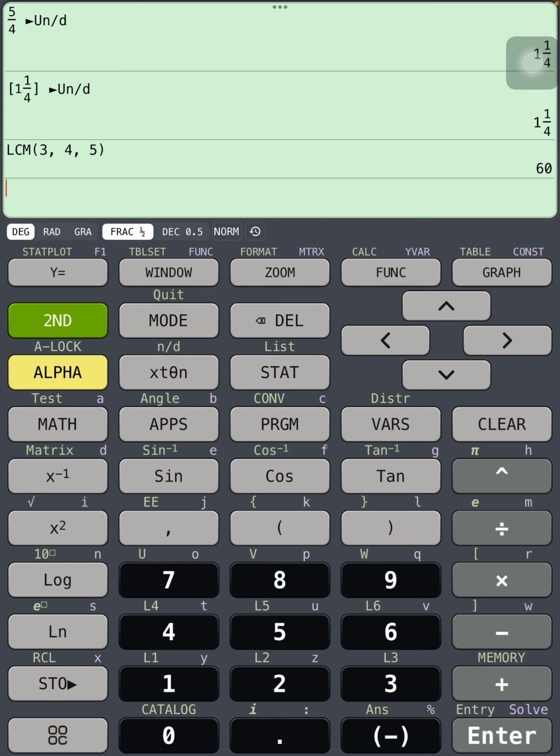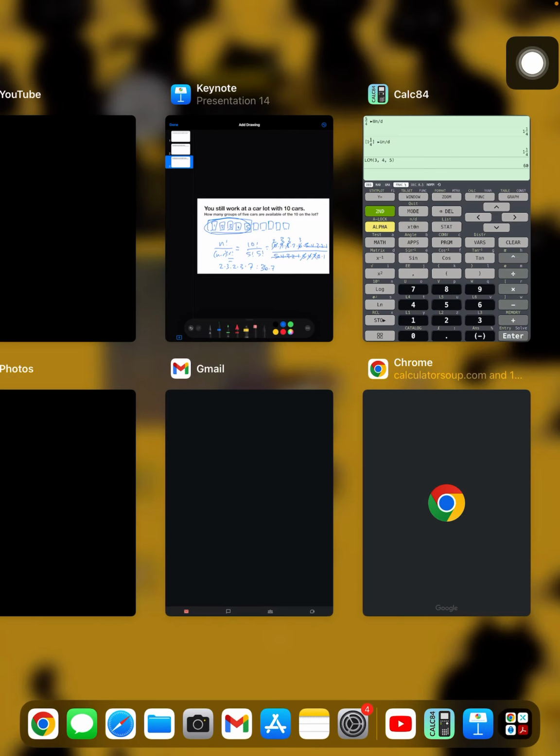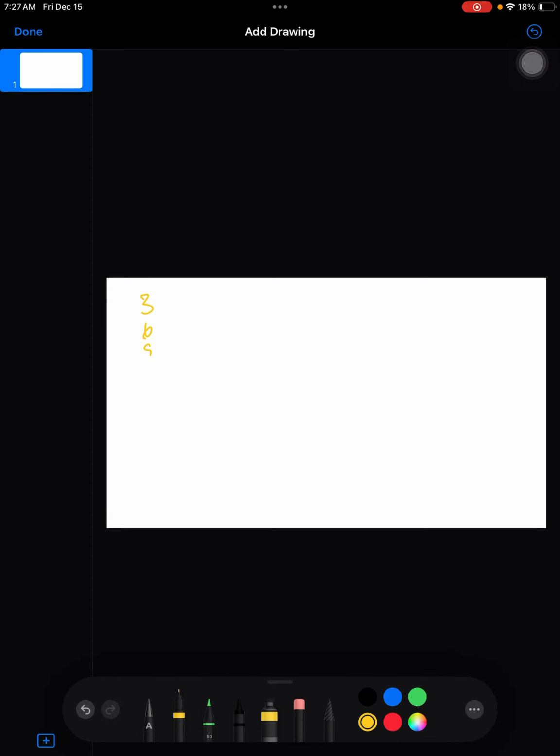3, 4, and 5, we could draw up a table of values, starting at 3. So we're going to get 3, and then we're going to go 6, 9, 12, 15, 18, 21, 24, 27, 30, 33, 36, 39, 42, 45, 48, 51, 54, 57, and 60 finally.